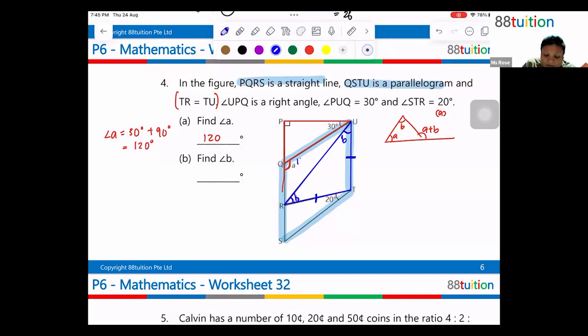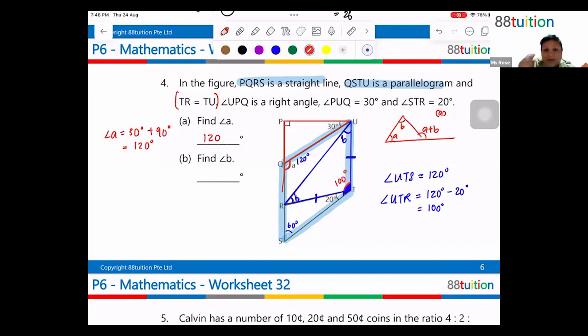I know that this is 120 degrees, so that makes this angle 60. And this angle UTS is equal to 120 degrees. Why? Because it's a parallelogram, so opposite angles must be equal. If this angle is 120 degrees, that means angle UTR will be 120 degrees take away 20 to give me 100. So this angle here is just 100 degrees.